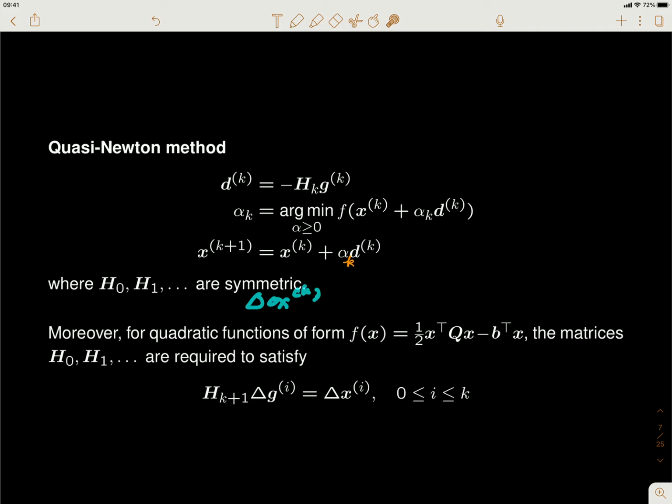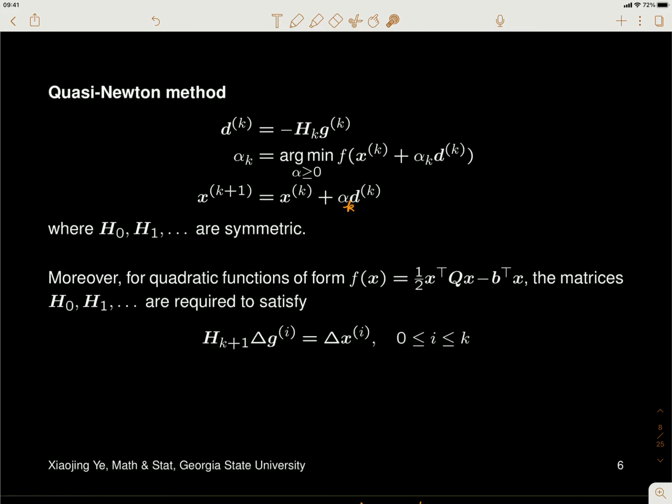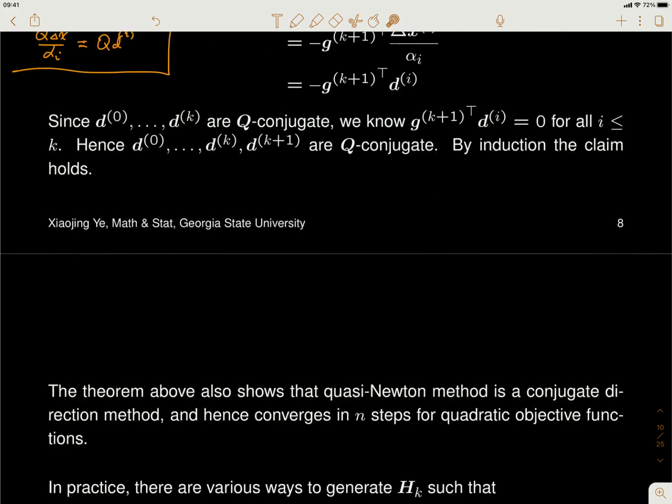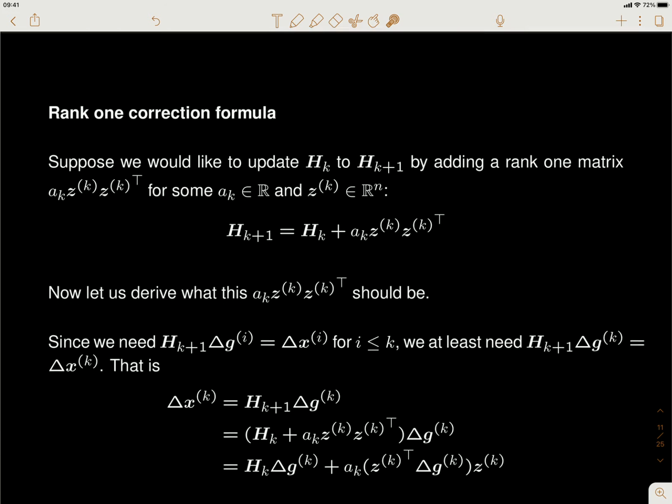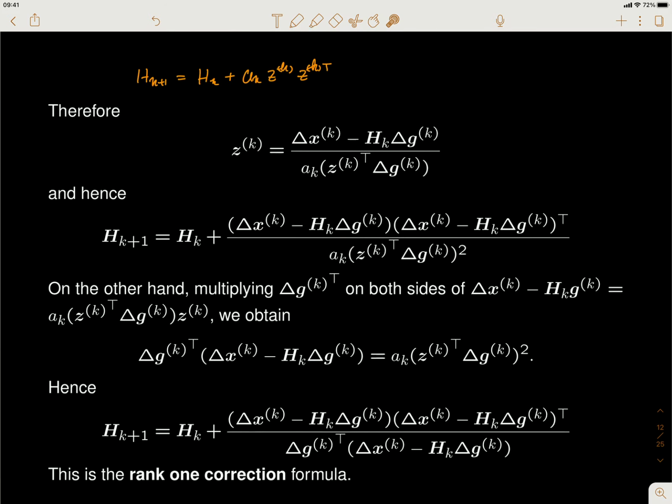And when we multiply Q on both sides, we will get the delta gk. So we know the delta xk, we know the delta gk, and the hk is from the previous iteration, which is known. So everything on the right hand side can be computed, and that's how we get the hk plus 1. Once we have the hk plus 1, we can use it to update the descent direction and just let the iteration go on.